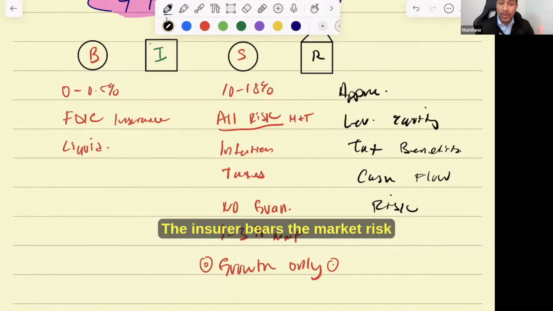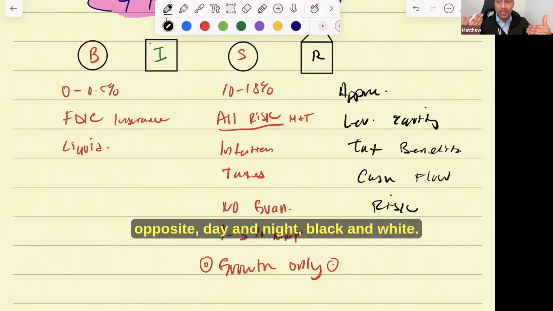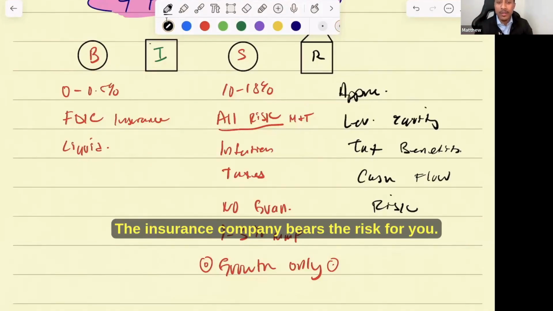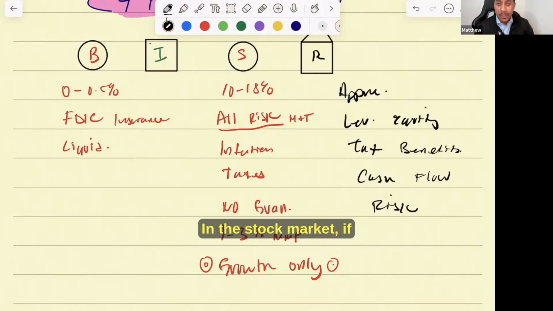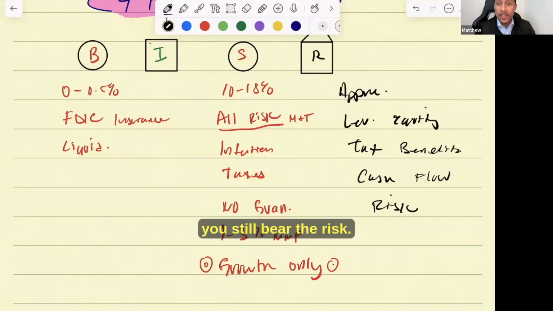The insurer bears the market risk for you. Here in the stock market, you're bearing the risk. So that's the total opposite, day and night, black and white. The insurance company bears the risk for you. In the stock market, if someone's managing it for you or you're self-managing, you still bear the risk.